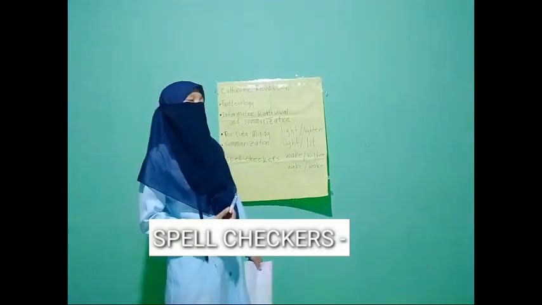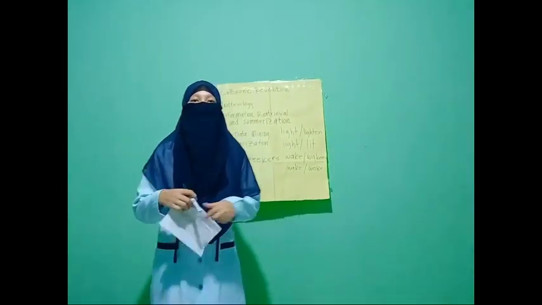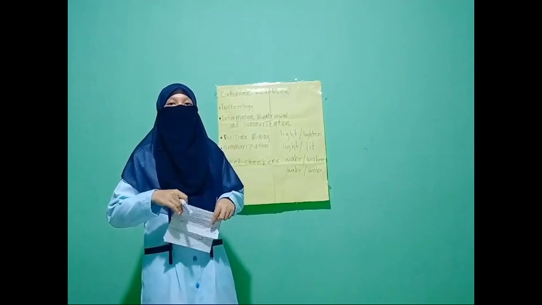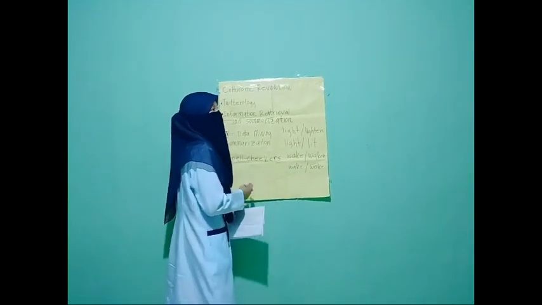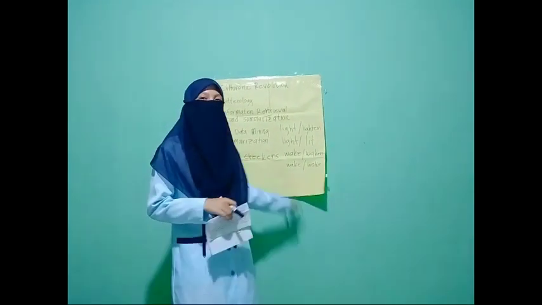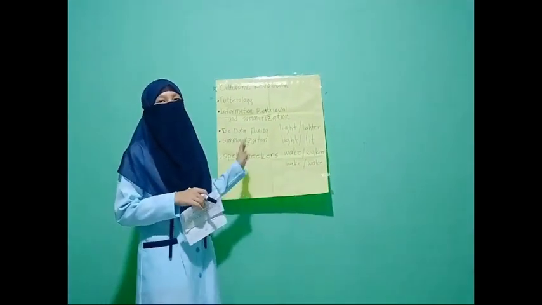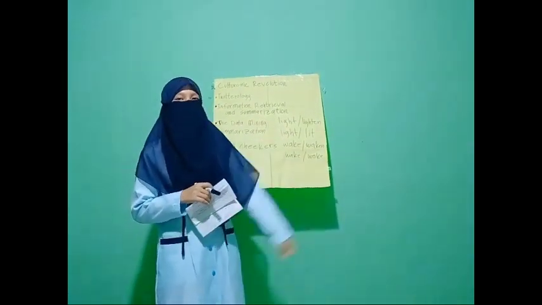We don't need to use a dictionary to see the wrong spelling of words. Automatically, when we are using the computer, it will become red. That means it is a wrong spelling. So that is the spell checker application.